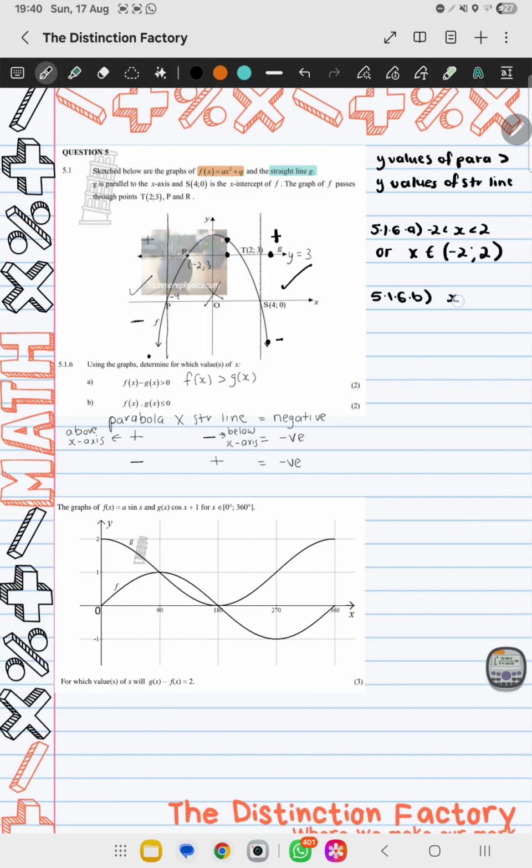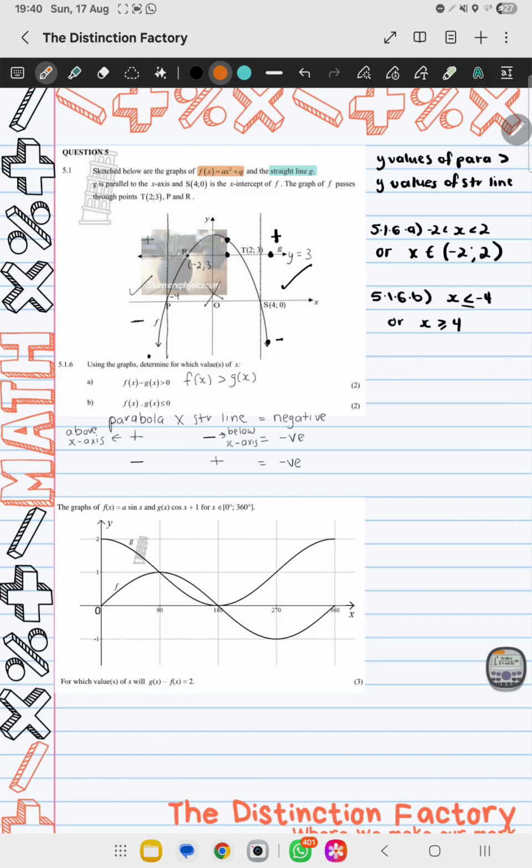So I'll say that x needs to be less than or equal to -4, because they do want us to include it, or x will have to be greater than or equal to +4, because that is the x value of S. That is the one way that we can represent our answers.